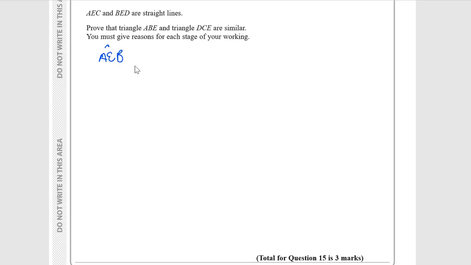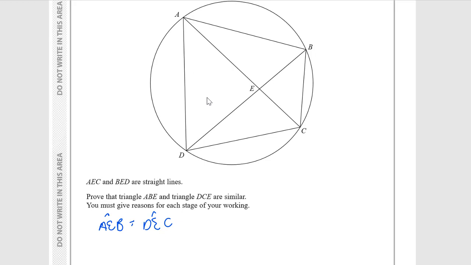AEB, so the angle is equal to DEC, okay, because they're vertically opposite. So you can see that AEB and we've got DEC, so they're equal because they're vertically opposite.